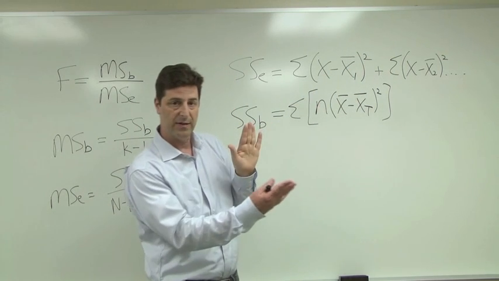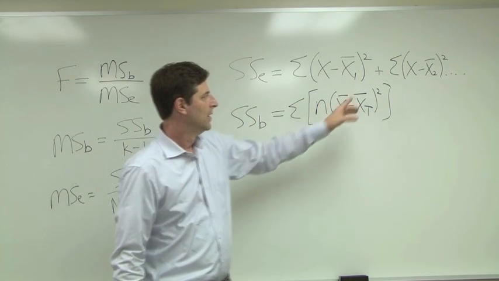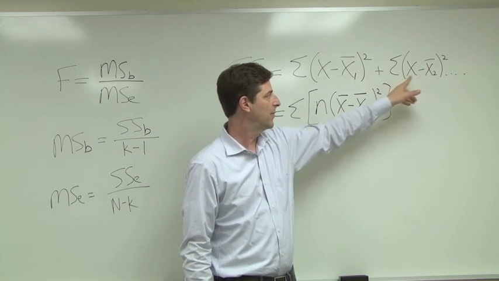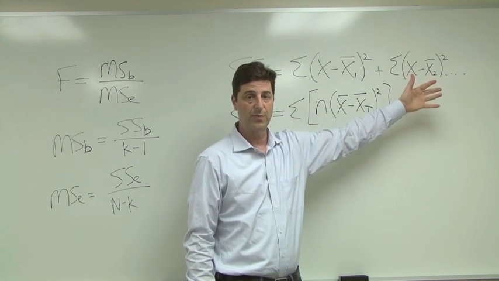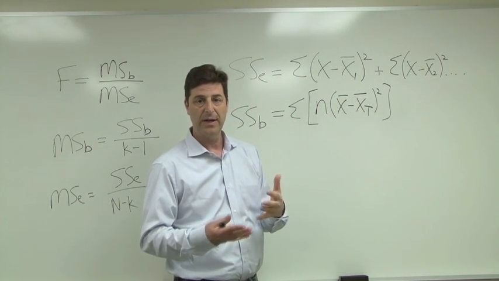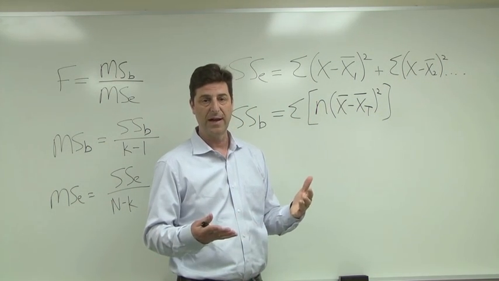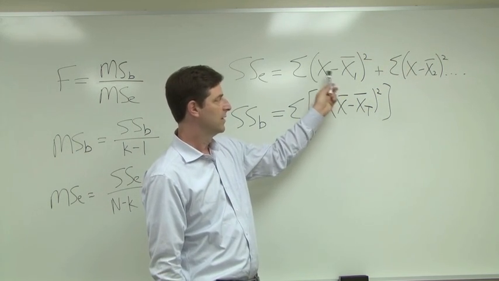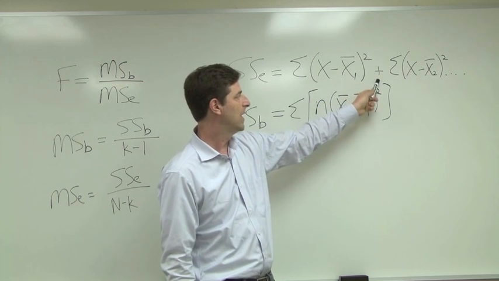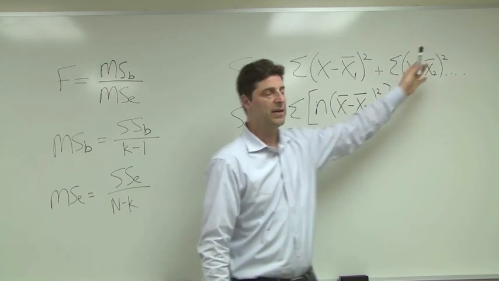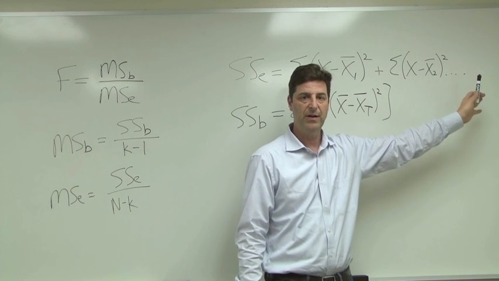So you find the sum of the squared deviations within group 1. That means you square the deviations. And then you do the same thing for group 2, the sum of the squared deviations within group 2. And then that dot, dot, dot means you do that for each group that you have in your analysis. So if you have 3 groups, you'd have the sum of the squared deviations in group 1 plus the sum of the squared deviations in group 2 plus the sum of the squared deviations in group 3.